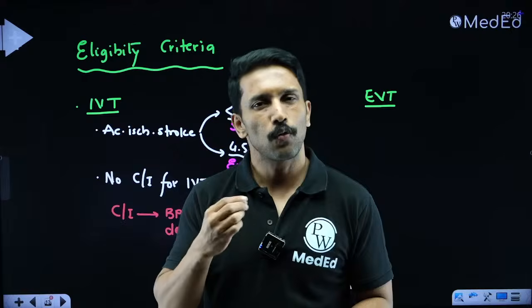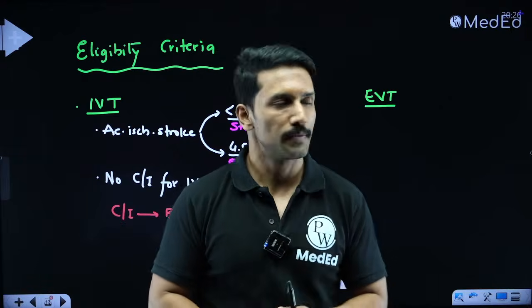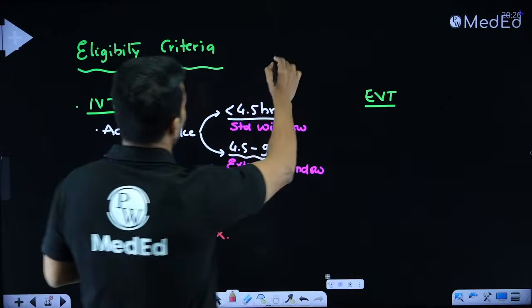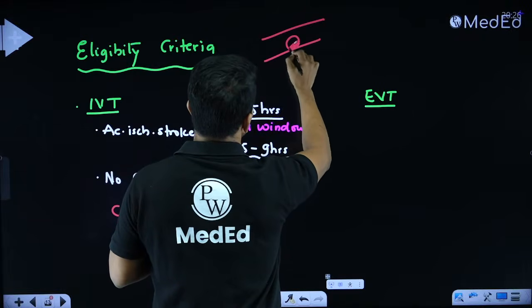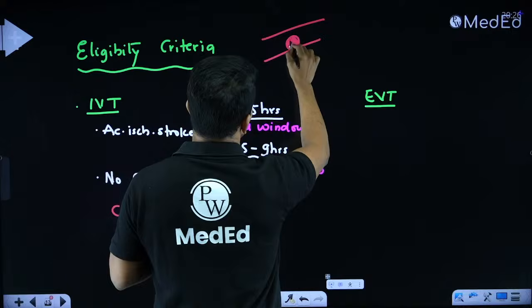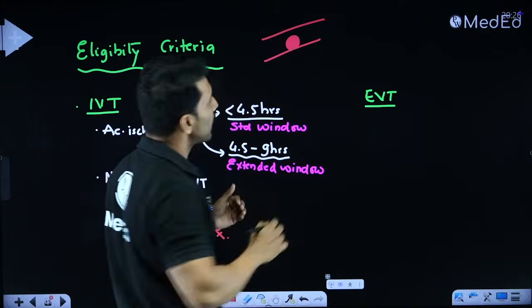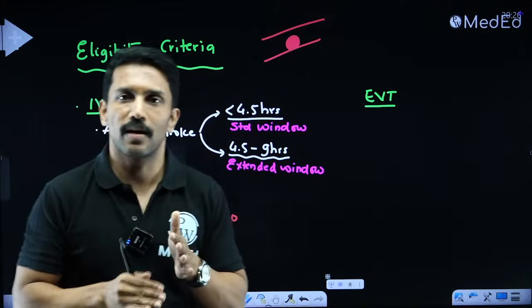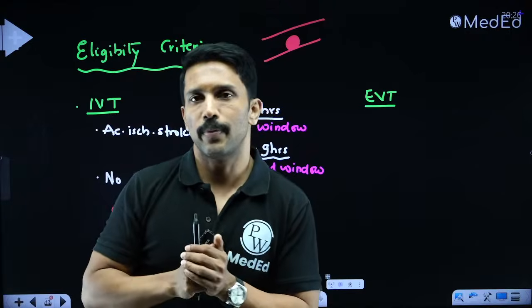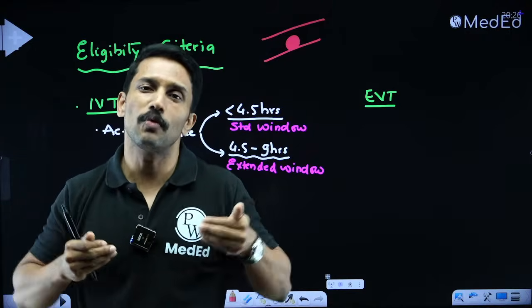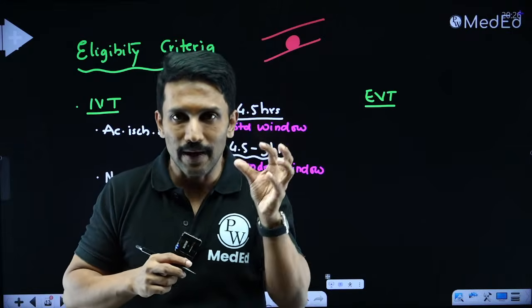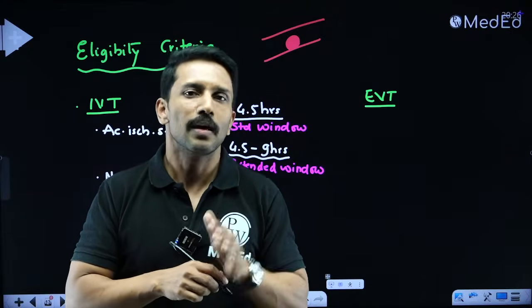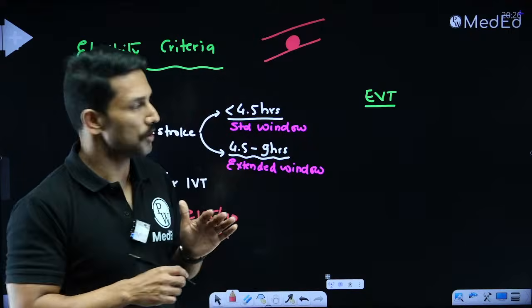Now, why is this a contraindication for thrombolysis? Because once you have a blood vessel which is blocked, your counter mechanisms have tried to somehow maintain the blood flow to the brain, and one of them is increase in the blood pressure, right? So increased blood pressure is one of the physiological adaptations which is trying to keep the brain alive. The penumbra that I'm seeing here is because of the increased blood pressure.